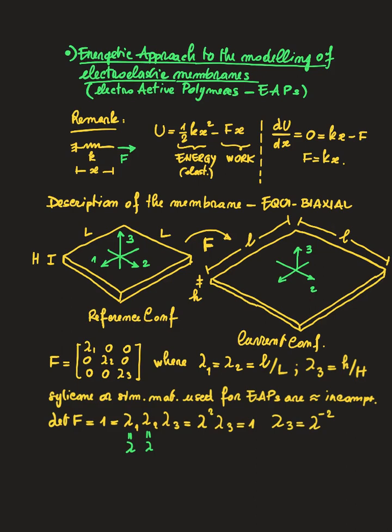With this in mind, we set the common value equal to lambda, and with this choice the gradient of deformation takes the following form: lambda, 0, 0; 0, lambda, 0; 0, 0, lambda to the minus 2.